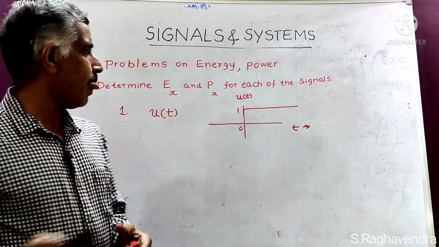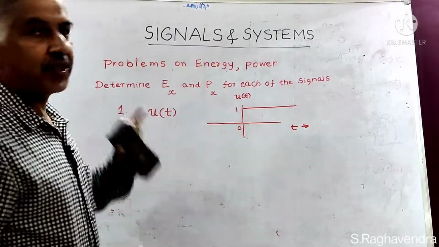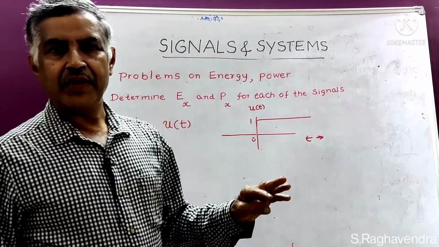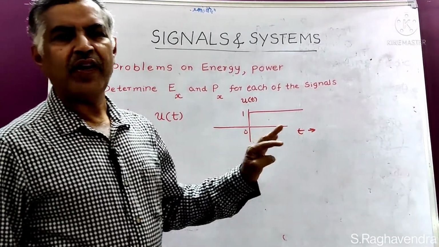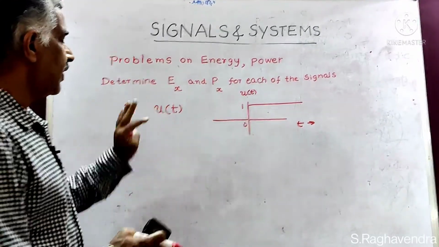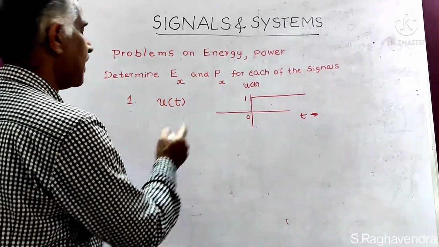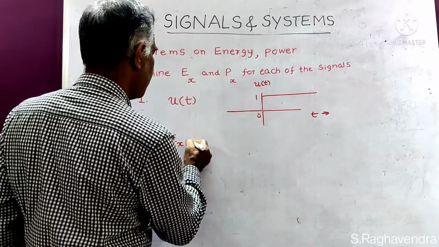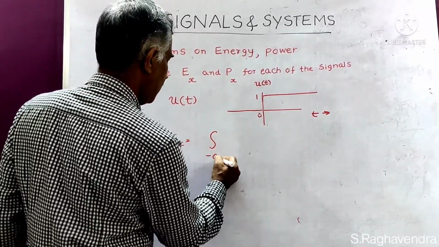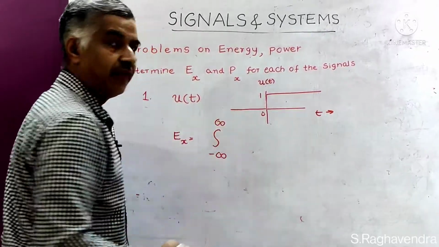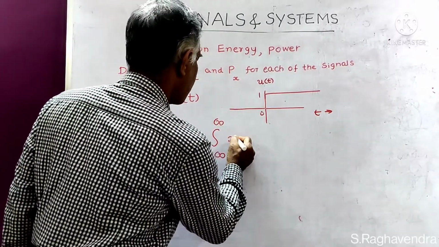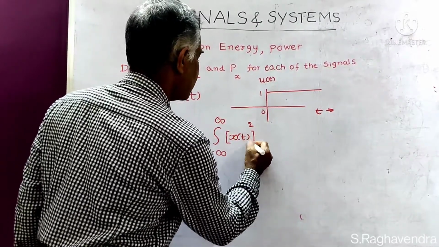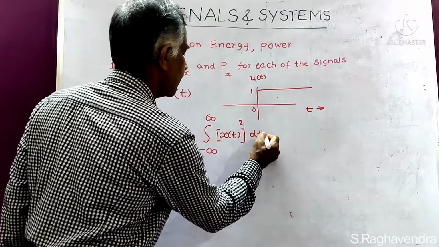Now I will find energy. If energy is going to be finite, then you need not find power. First, energy. The energy formula is Ex equal to integral from minus infinity to plus infinity of |x(t)| whole square dt.